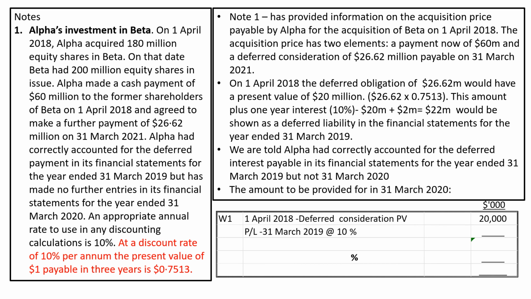We add in the interest at 10% for 31st of March 2019, which is 2 million. And this gives us the opening balance on 1st of April 2019 of 22 million. For the year ended 31st of March 2020, the interest at 10% amounts to 2.2 million, and the balance on the deferred obligation account will be 24.2 million.